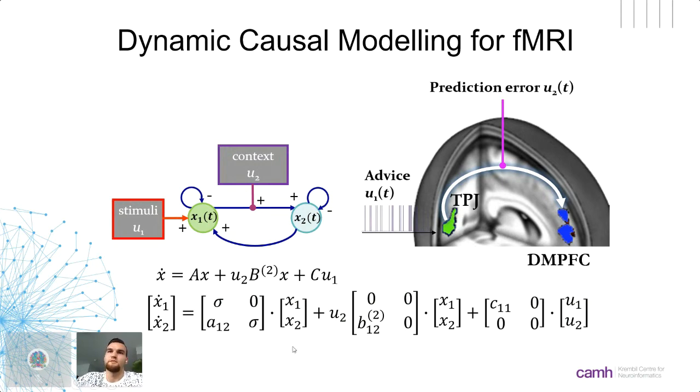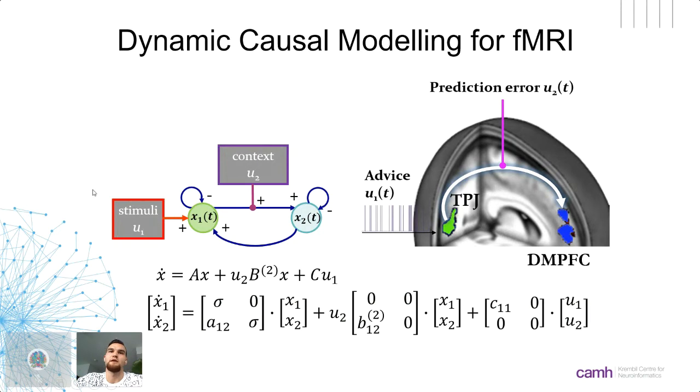So in this simple schematic, we have basically the model that we propose. In this tutorial, instead of using real data, we will be simulating data. And the model that we have here is as follows. We have two nodes. X1 corresponds to temporal parietal junction, and X2 corresponds to dorsal medial prefrontal cortex.